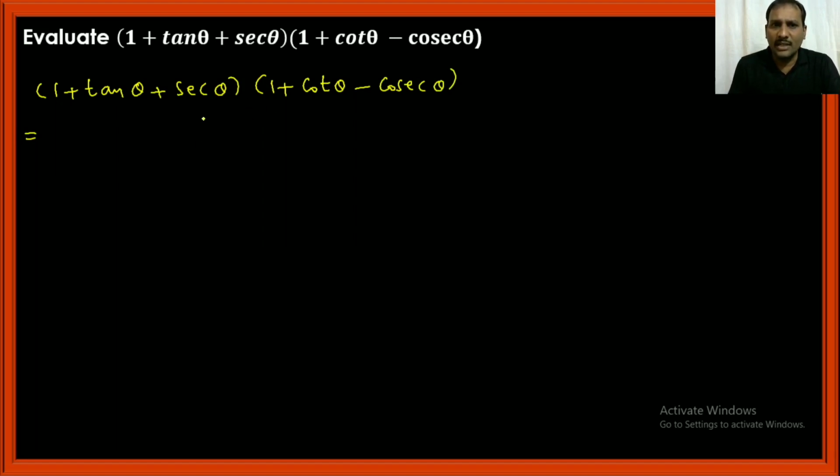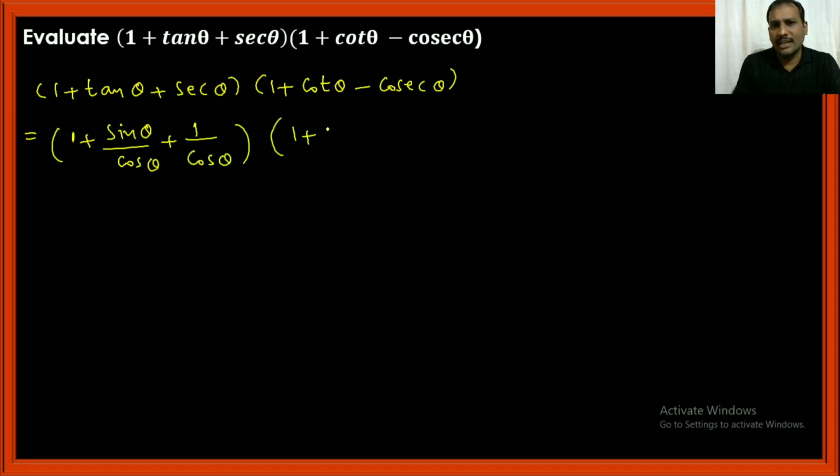So let us convert them into 2 trigonometric ratios, that is sin and cos. So tan theta, you write it as sin theta by cos theta, secant theta as 1 by cos theta, and cot theta as cos theta by sin theta, and cosecant theta is 1 by sin theta.